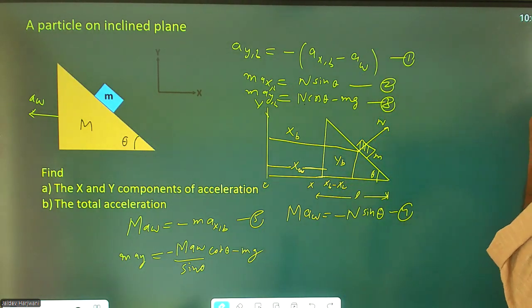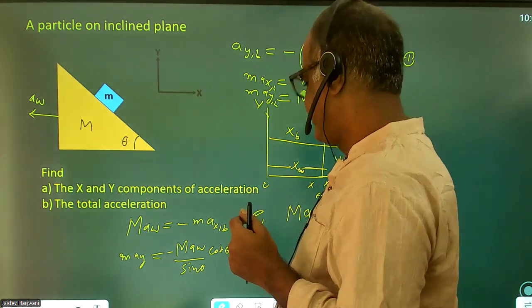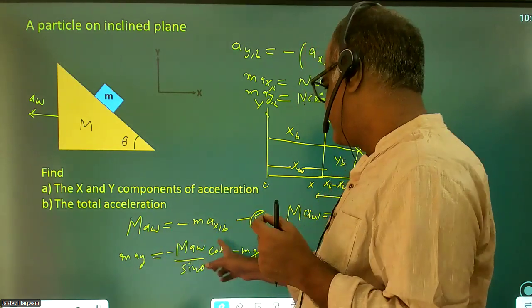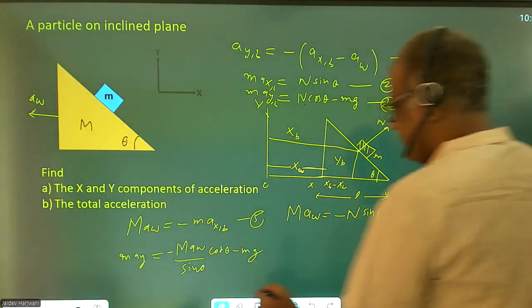So now I have ax and ay both in terms of a wedge. Let us simplify this problem.